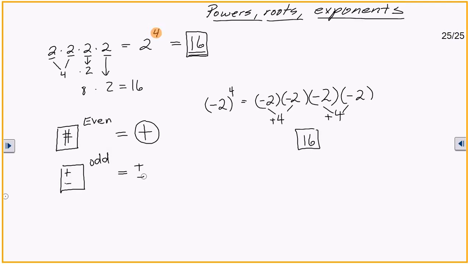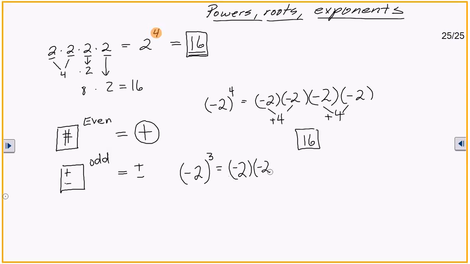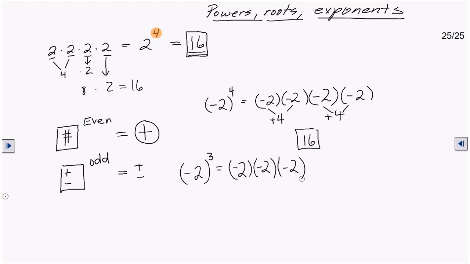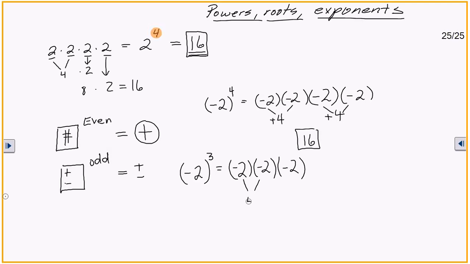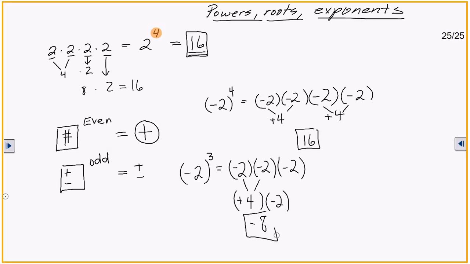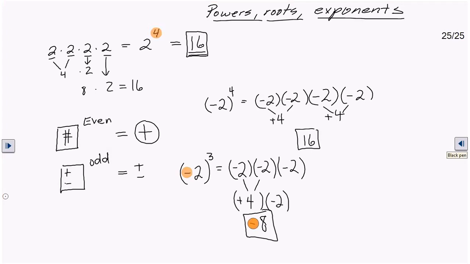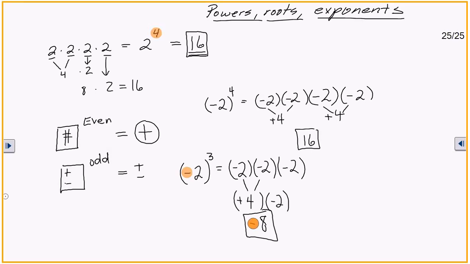Example: -2 raised to the third power means -2 times -2 times -2. -2 times -2 will give us a +4. +4 times -2 always gives us a negative number. So I started with a negative raised to the third power, and I ended with a negative, because with an odd power, you keep the sign you started with.